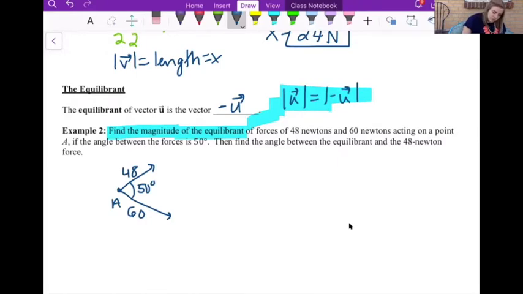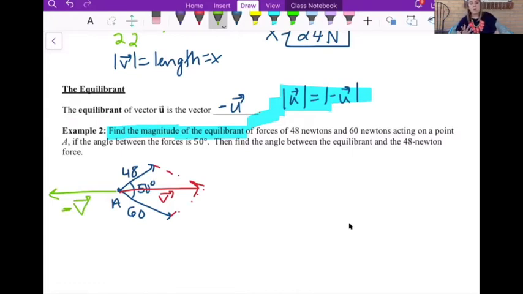So when we draw our parallelogram to find our resultant, this is our vector v, and this is the equilibriant, which is the same as v, but in the opposite direction.